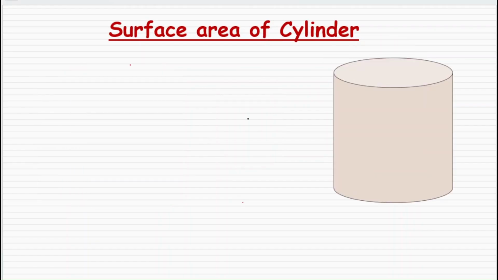Now, what is the surface area of the cylinder? Surface area is the total area outside the cylinder, which we are measuring.